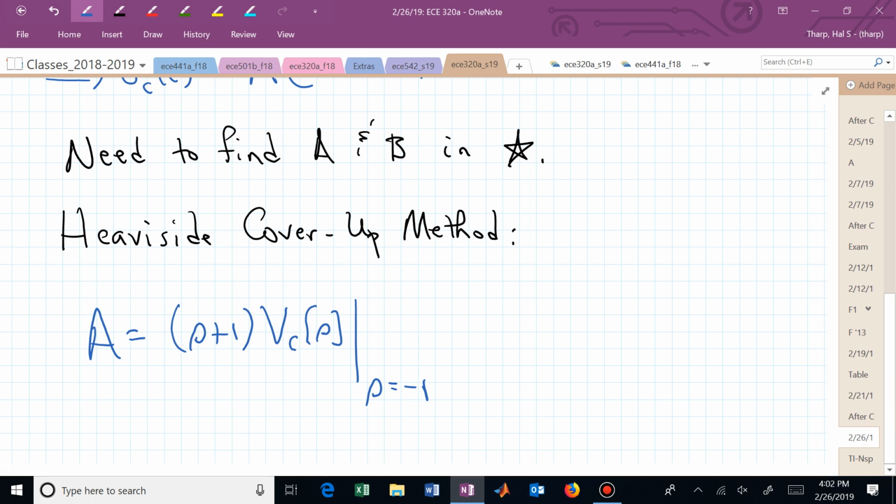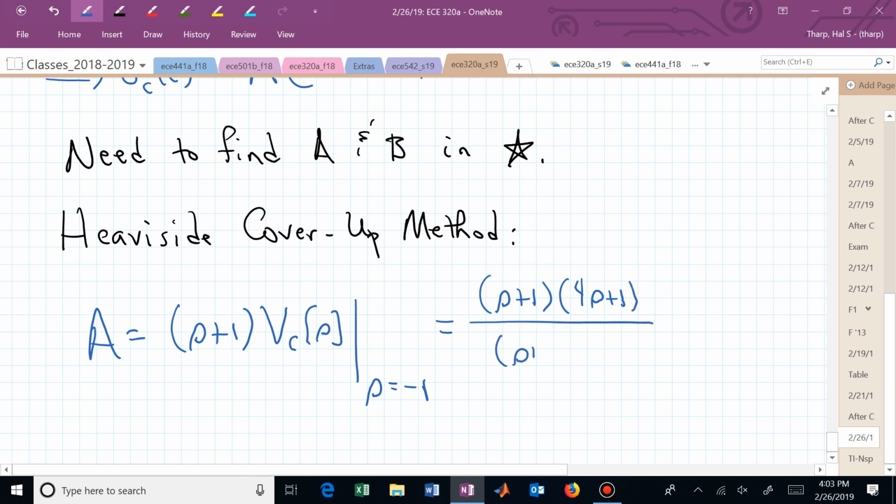But multiplying capital V sub c of s by s plus 1 really cancels that factor in the denominator of s plus 1. I'll do that explicitly here. Meaning those two cancel. We don't need to worry about that. And now we evaluate what's left at the value of s equal to minus 1.